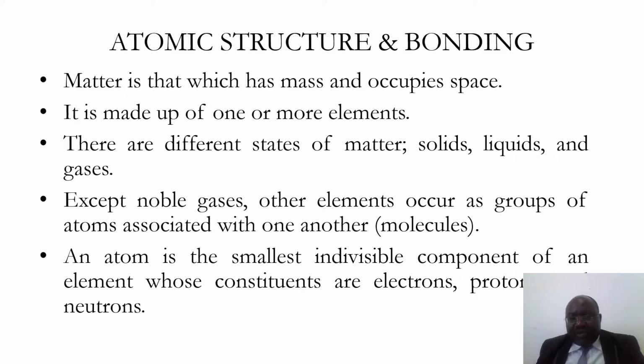So in what we call an atom, as we are going to start our studies, I want you to remember our studies of geography in lower school, secondary or primary. In geography, we learned about the solar system, and the solar system had an arrangement in which the sun is at the center of the solar system.